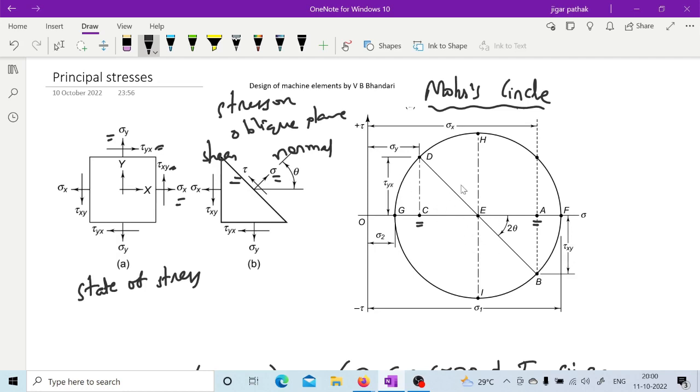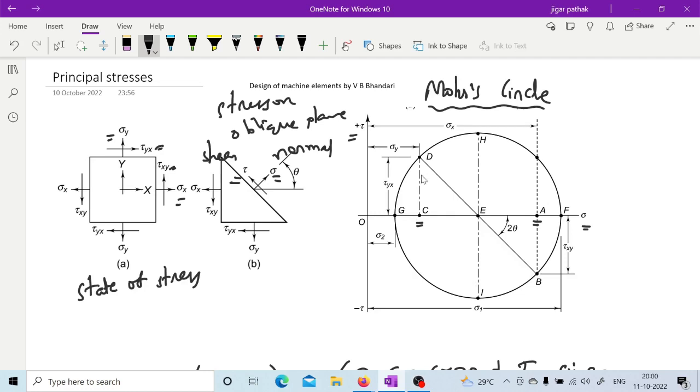Once you are done plotting all this, you can join D and B, and it is going to cut the normal stress axis at E. Basically this Mohr circle is plotted on normal stress versus shear stress. So you join this point T and B, which is going to cut at E. Then you take E as center and DB as diameter, and you have your full circle.